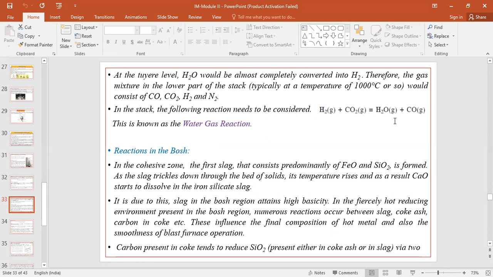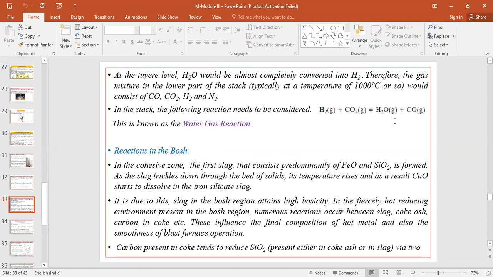Then coming to the Bosch region. Bosch is basically the region where the cohesive zone starts. The root of the cohesive zone starts at the Bosch region. The cohesive zone is the zone where softening and melting of the iron bearing material takes place.